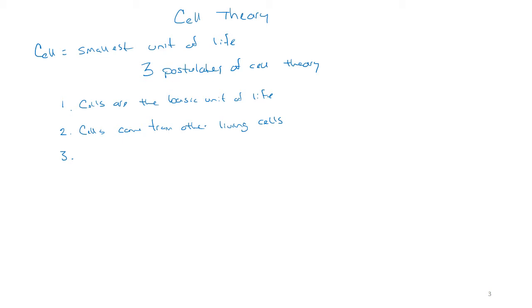It seems like it's the same thing, but it's not quite. And it says all living things are made of cells. Or maybe if we want to be really picky, we could phrase it as all living things are made up of at least one cell, but whatever. So those are the three postulates of cell theory.